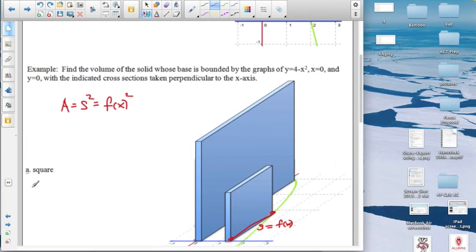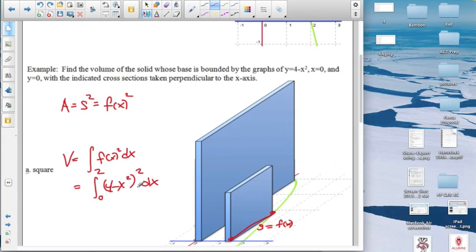And so as we set up the expression to find the volume while using squares of known cross-section, we're going to have our volume, and that volume is just going to be that area function, f of x squared dx. So in this case, it's going to be 4 minus x squared, quantity squared, dx. And we're going to stack these from 0 to 2.